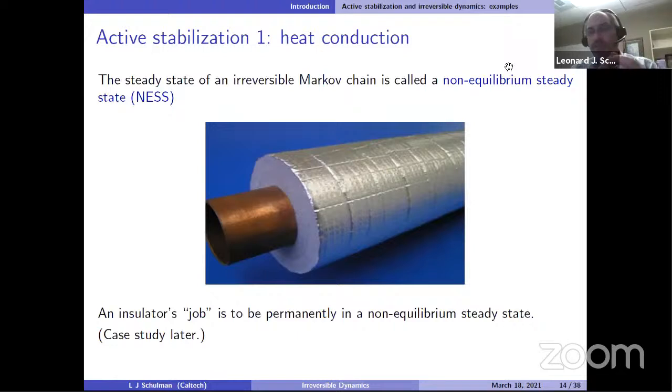A temperature gradient doesn't exist in thermal equilibrium. It is keeping something hot away from something cold and slowing down that transfer. So the job of an insulator in general is to be in a non-equilibrium steady state.